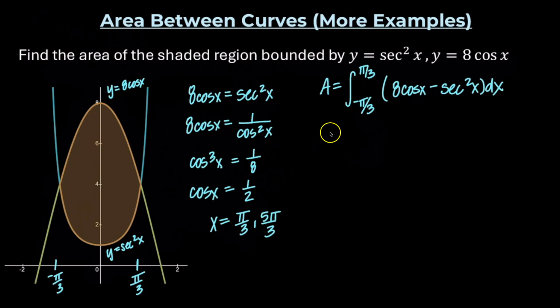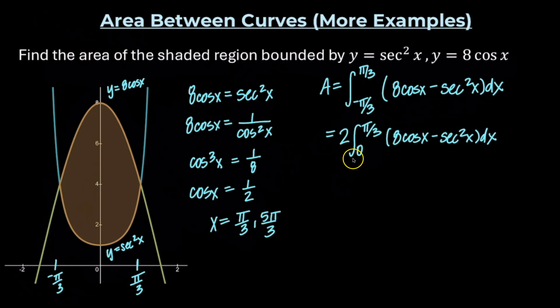So this integral is equivalent to finding the integral from 0 to pi over 3, this area on the right side here, and then doubling it. So we can say this is the same as 2 times the integral from 0 to pi over 3 of the same integrand. And it's always easier to substitute 0 in usually.